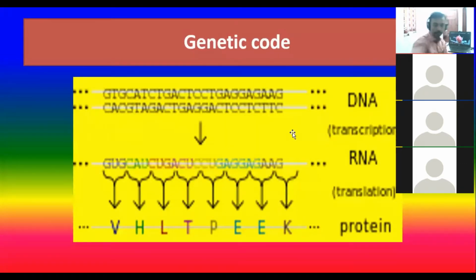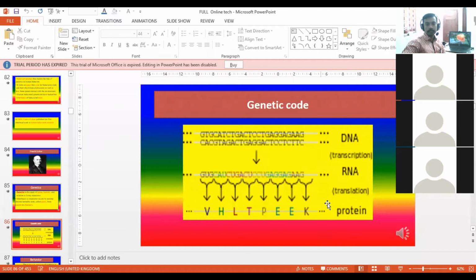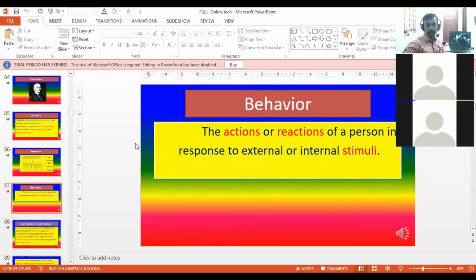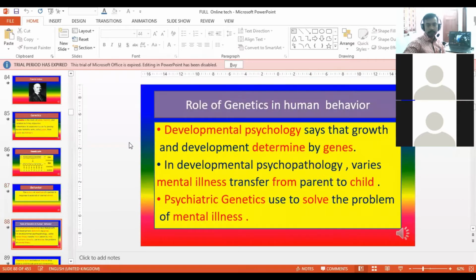Genetic code: DNA, RNA. Behavior means actions and reactions to stimuli. Now, the role of genetics in human behavior.